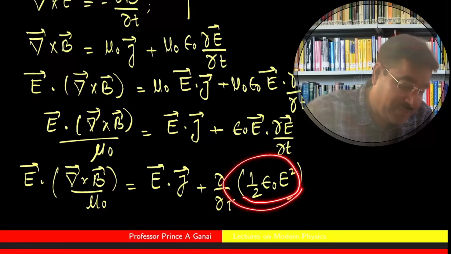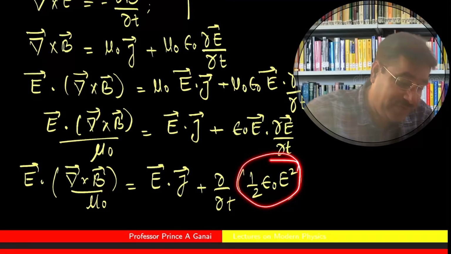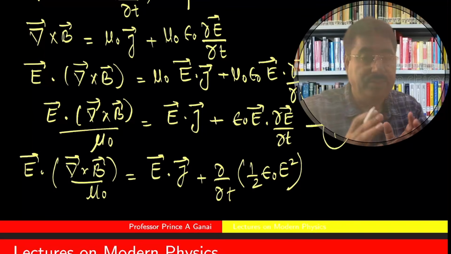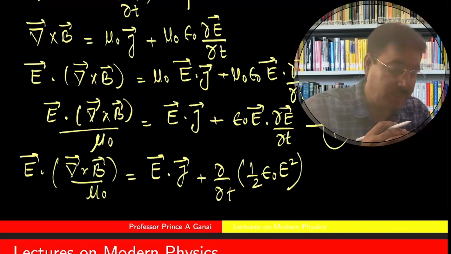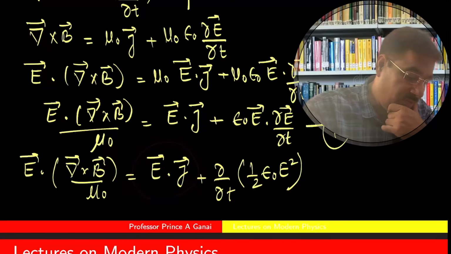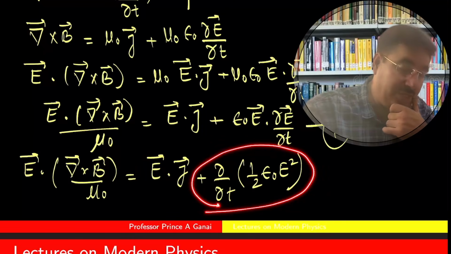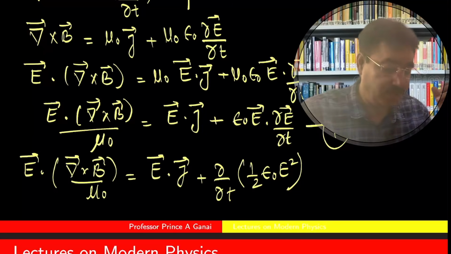So I have the energy density of the electric field, and that tells us how much power is delivered to the bunch of charges. We have this E dot J here, but we also have the energy in the electric field, the energy density 1 by 2 epsilon naught E square.